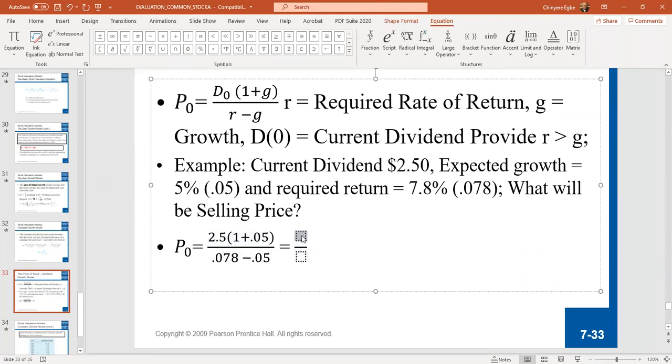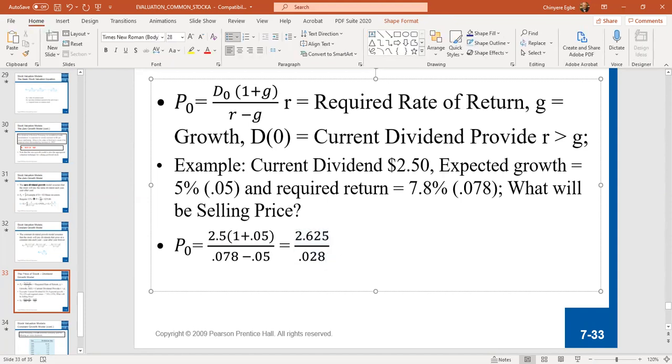What we have is 2.5 times 1.05, which is 2.625, divided by 0.078 minus 0.05, which is 0.028.